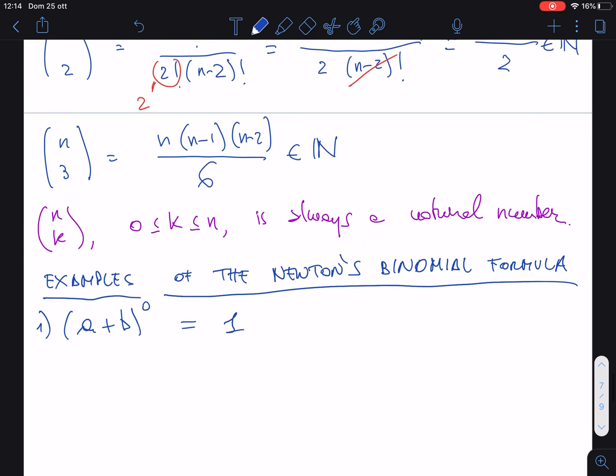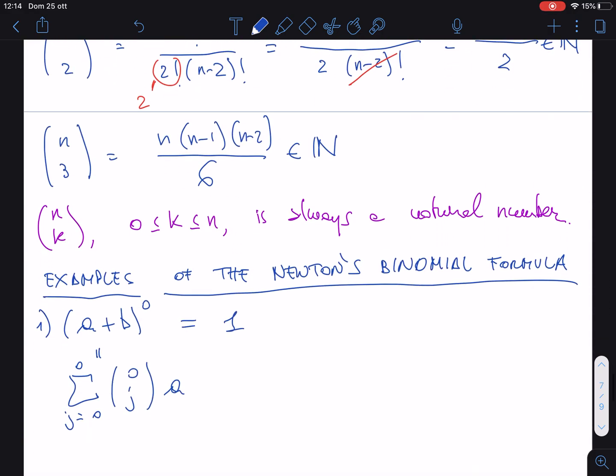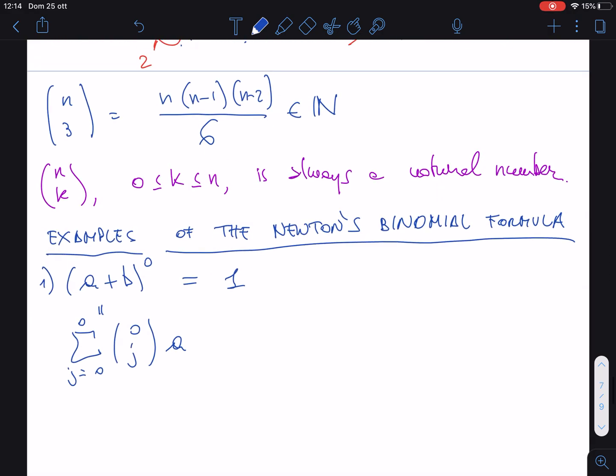And let us see what happens here. We have j from 0 to n, but n is equal to 0. And then you have here (0 choose j), a to the power j, and b to the power n minus j, so 0 minus 0, which is 0.